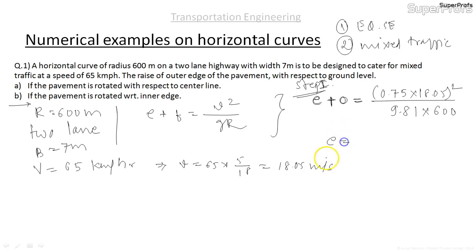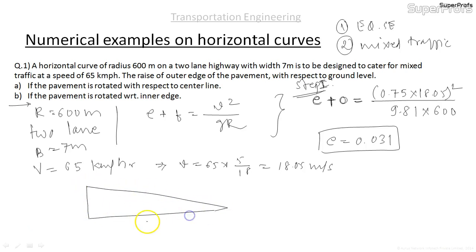So here the E value comes out to be 0.031. Suppose this is our pavement, this is E and this is B equal to 7 meters, and E is 0.031.